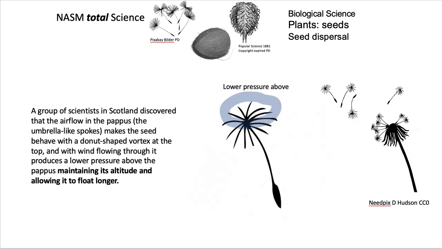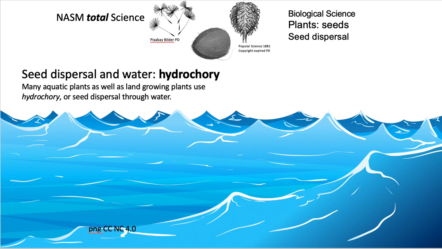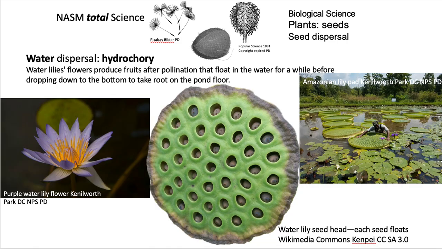And there's lower pressure above. There's a whole sort of vortex that is making the parachute fly further.